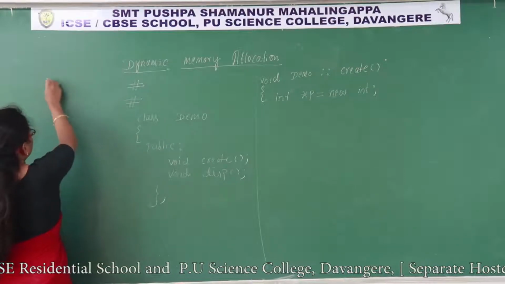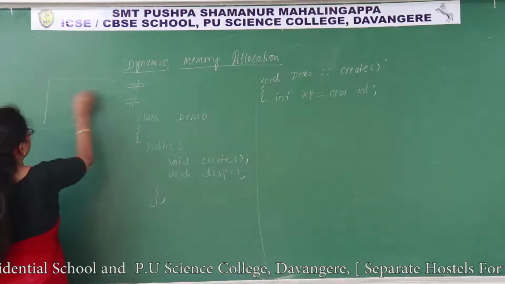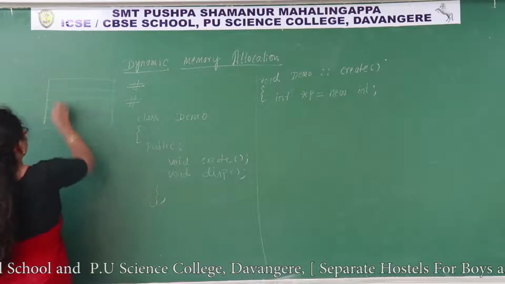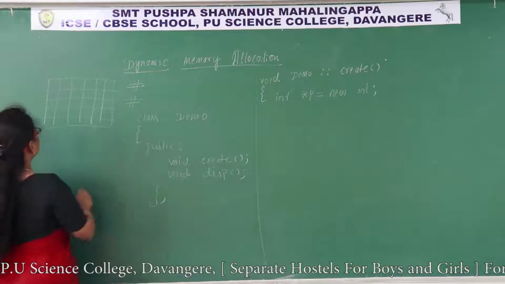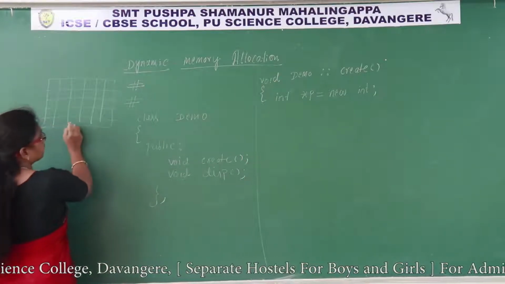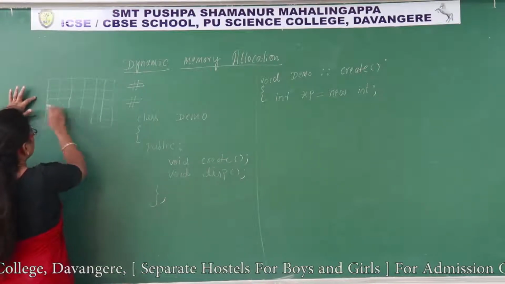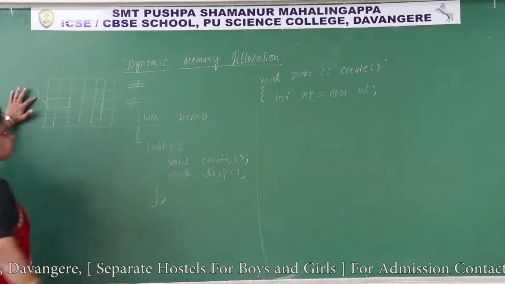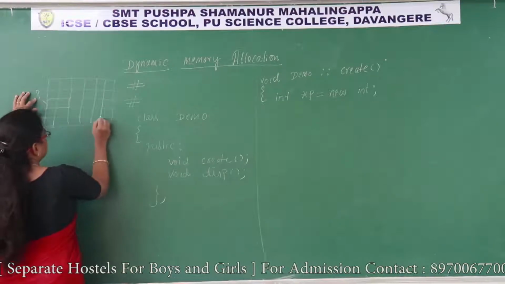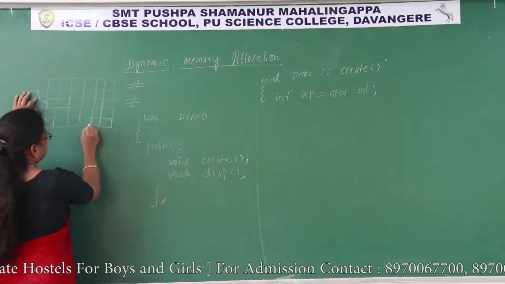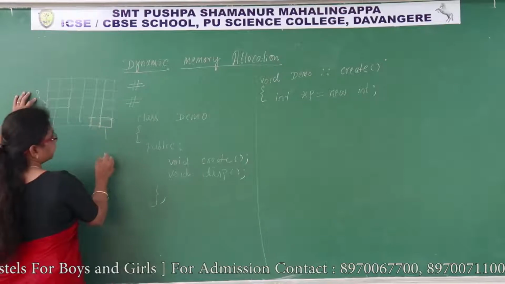P, this is the RAM. Okay. Somewhere the memory will be allocated for the p pointer, and let us allocate memory to an integer here.